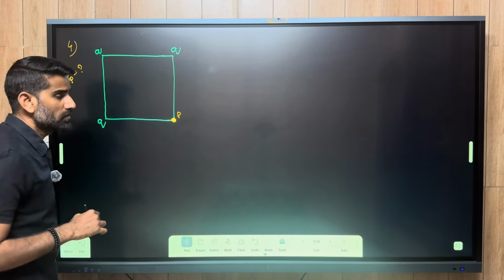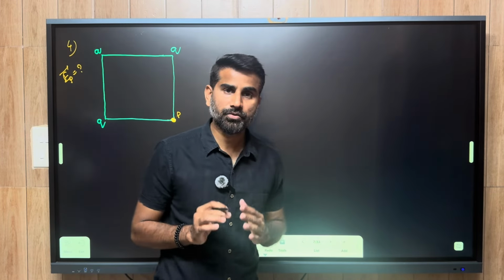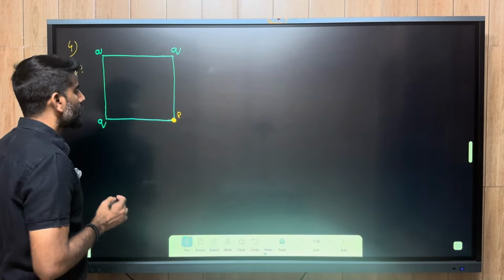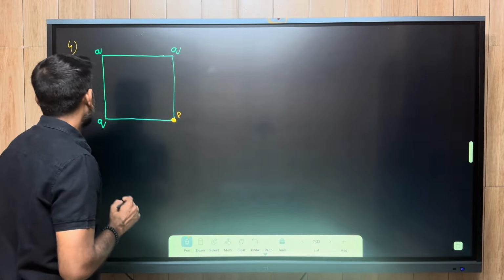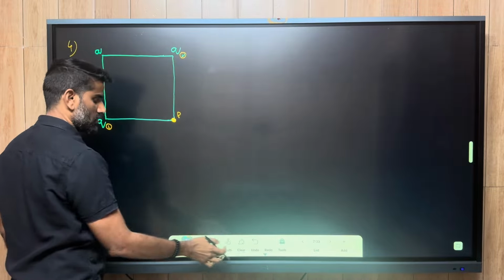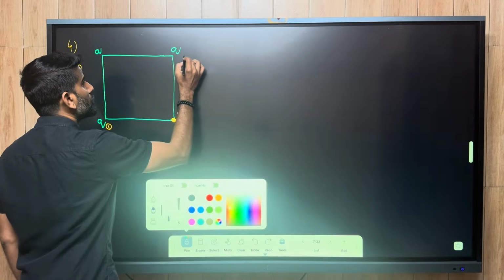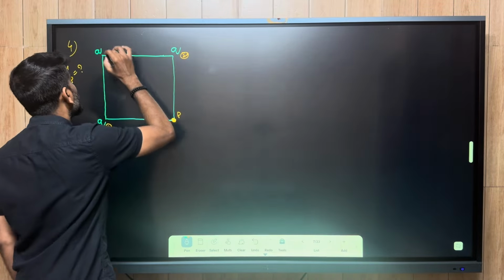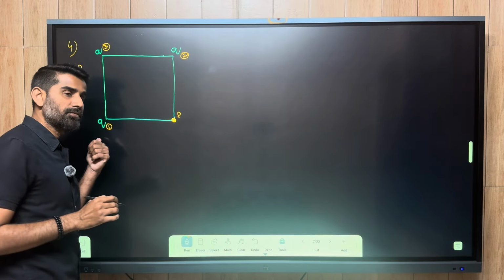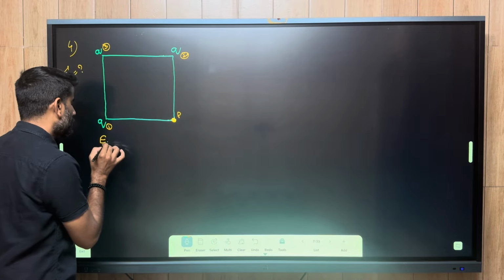I am going to write the vector representation of electric field at point P because I want to find the magnitude as well as the direction. Now first this is location 1, location 2, location 3. First find the electric field due to point charge at location 1, E1.